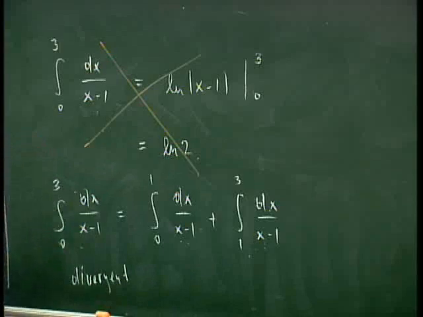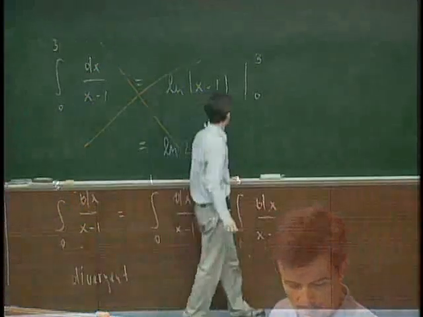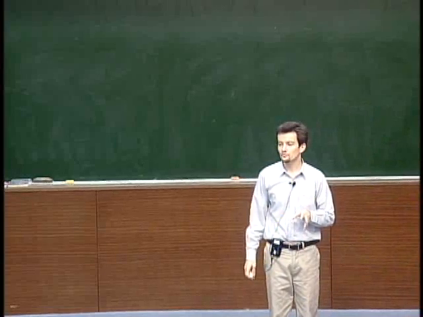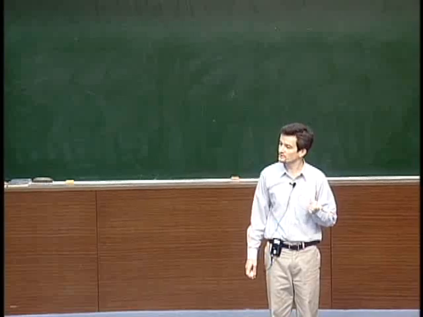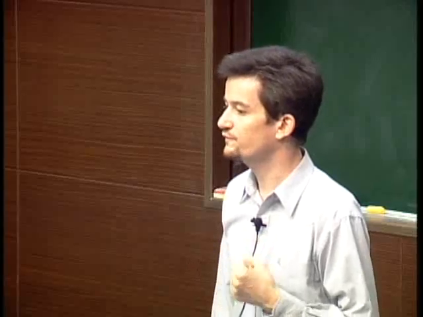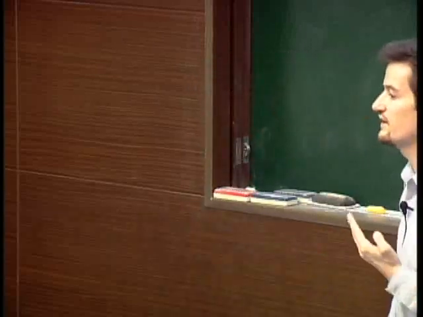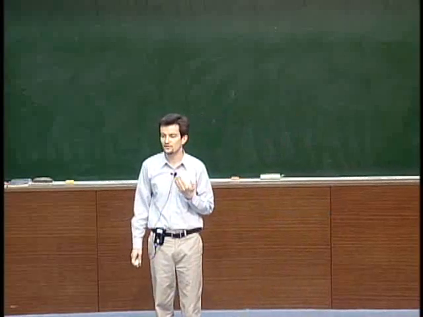Okay, so any questions to this? As I have already explained, normally if you are given an improper integral, you have to do two things. The first thing, you have to check whether the integral is convergent or not, and in case the integral is convergent, the second step would be to find the value. Now, I told you already, the difficulty of these two steps is not the same.